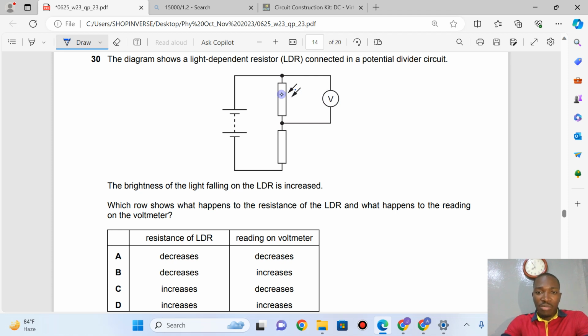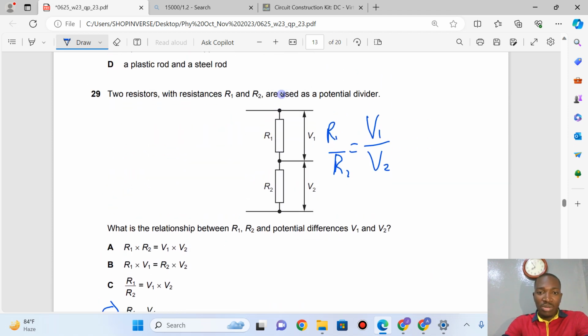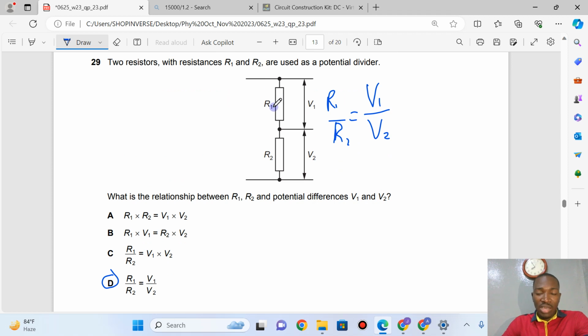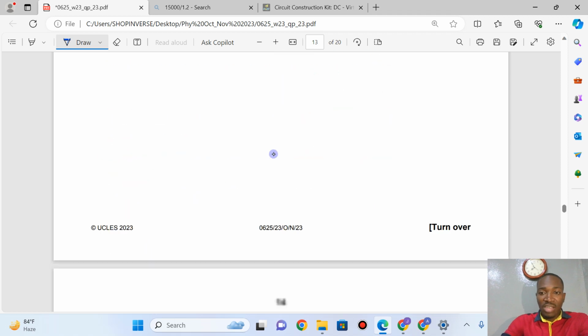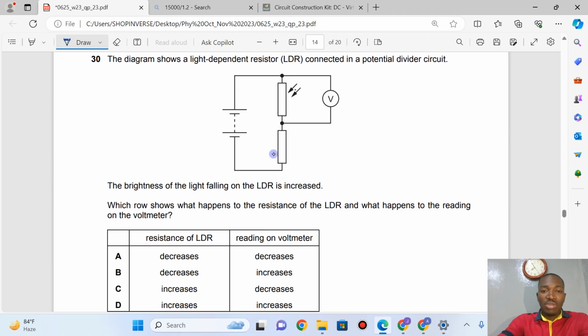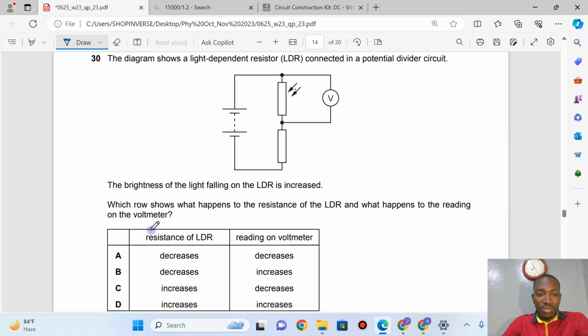When the resistance here is high, the voltage here will be higher. If the resistance here is higher than the resistance here, then the voltage across this resistor will be higher than the voltage across this resistor and vice versa. That same concept will be applied here.